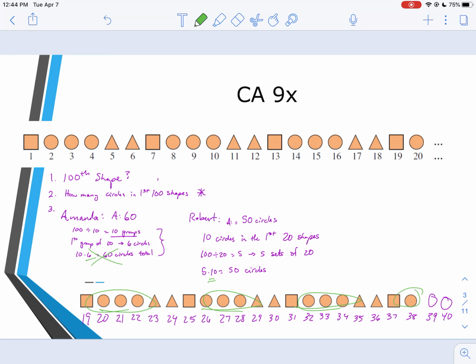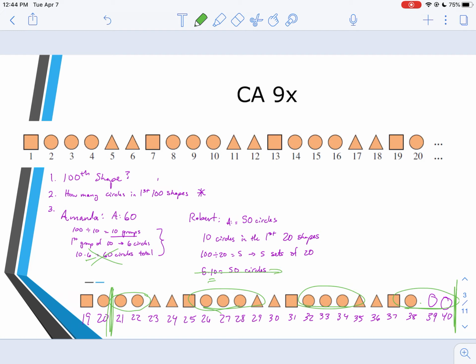There's 3, 6, 9, 10. Oh, wait. I did this all wrong. I'm sorry. From 21 to 40, there's 2 circles there, 3 there, 3 there, 3 there. There's 3, 6, 9, 10, 11 circles in the second set.